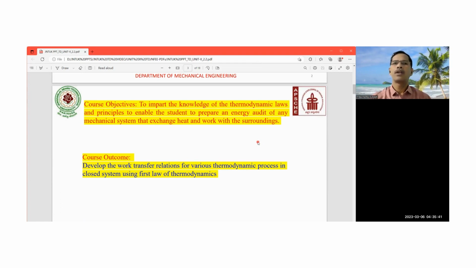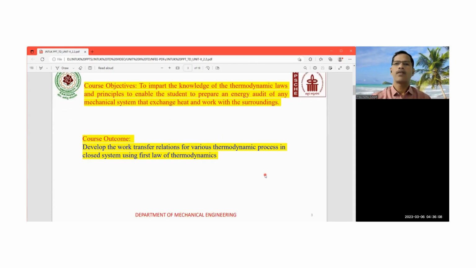With respect to that, what are the heat transfer and work transfer relations when a system is undergoing different processes? That is what today's class is for. And the outcome: develop the heat and work transfer relations for various thermodynamic processes in a closed system using the first law of thermodynamics.